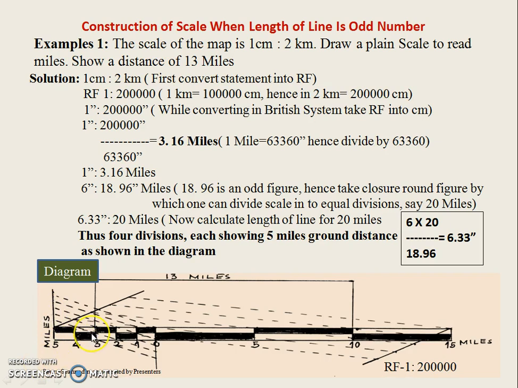Refer the given diagram. Now show 13 miles, that is 10 miles at the primary side and 3 miles at the secondary level as depicted in the diagram. Detailed step-by-step calculations and the construction procedure is on your screen. Take a pause, follow the procedure and construct a plane scale on the drawing sheets.